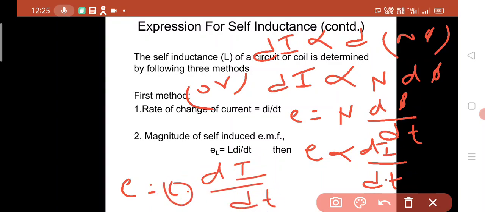Here L is the constant, known as the self-inductance of the coil, and is measured in Henry. This is the first method.